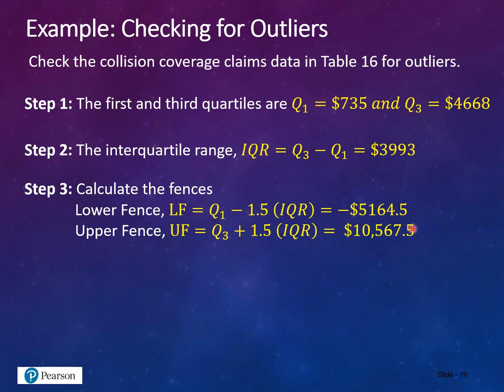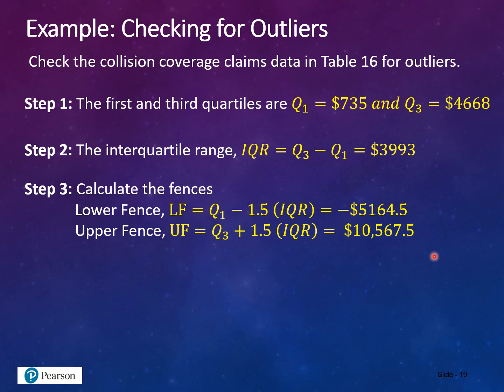And we can see there we get negative 5,164.5. These are all dollar amounts because the data is in dollars. It's claim amounts. The upper fence, UF, is the third quartile plus 1.5 times the IQR. So it's this plus about 6,000, which we can see is $10,567.50.